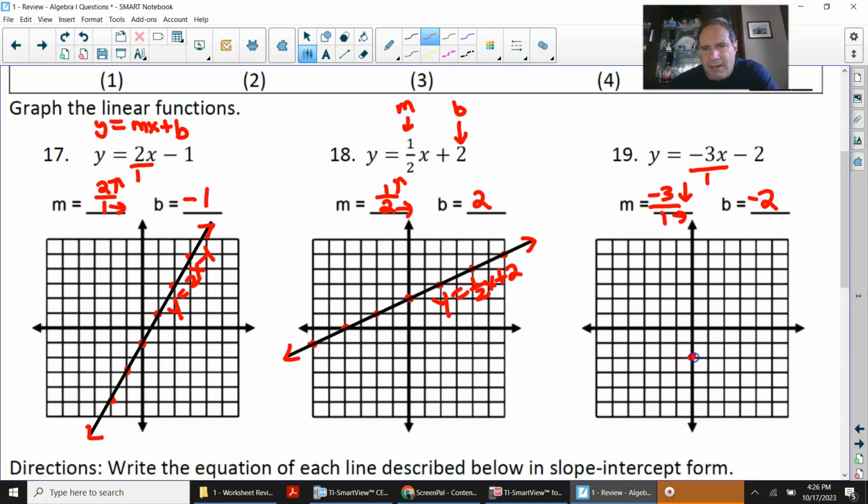So you start there at -2, and you go down 3 and to the right 1. Up 3, to the left 1, opposite. And then that is the negative slope. We're going to just connect those points, and this is y equals -3x minus 2.